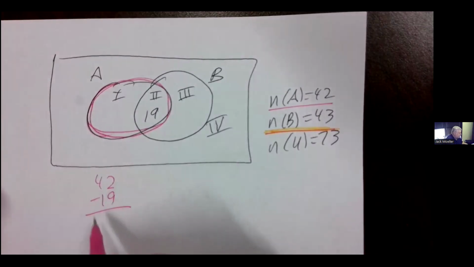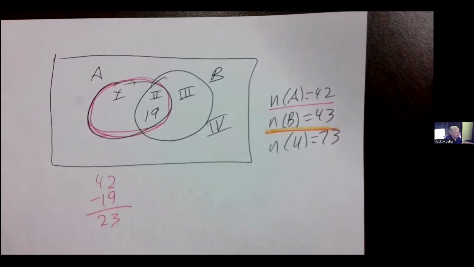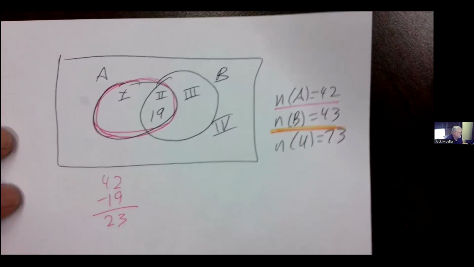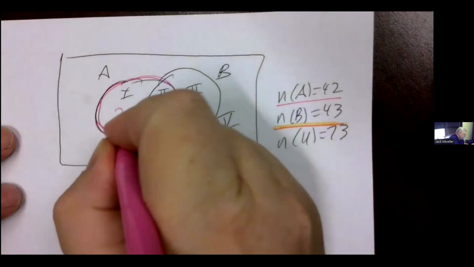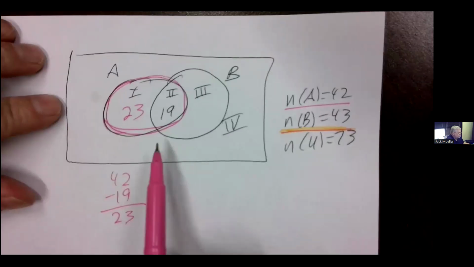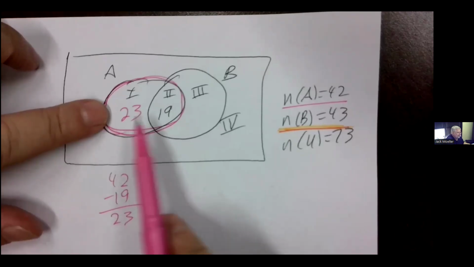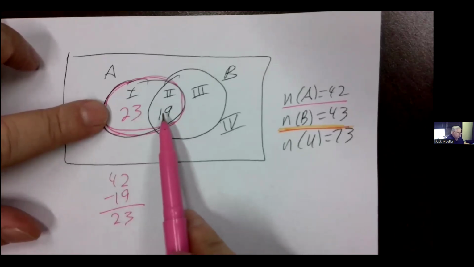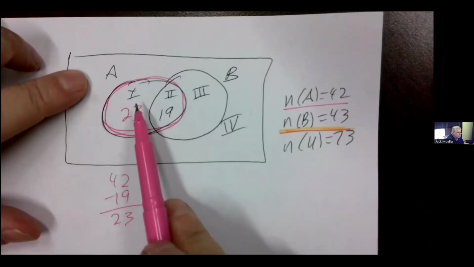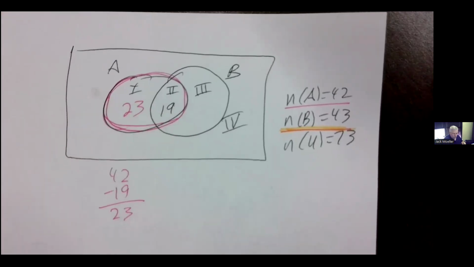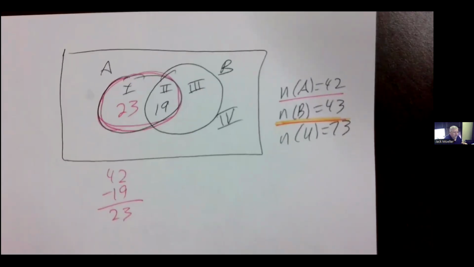And this is where your calculator comes in, the arithmetic of this unit is doing these subtractions. So in A, there's a total of 42 elements. 23 are only in A, 19 happen to be in A and B. So there's a total of 42. But what do we do with that number of B is 43?